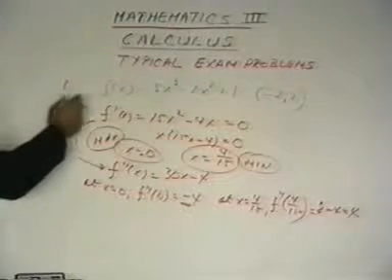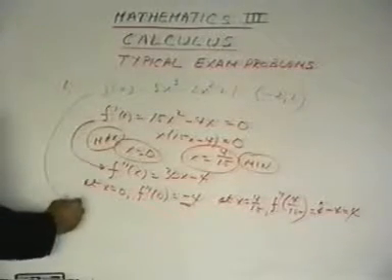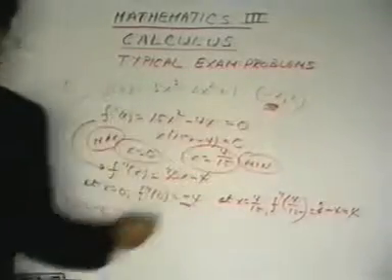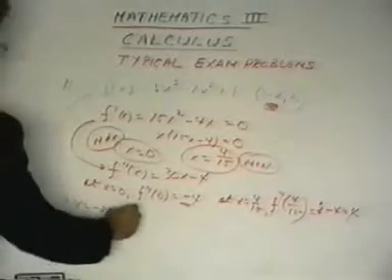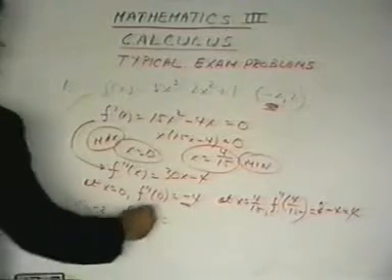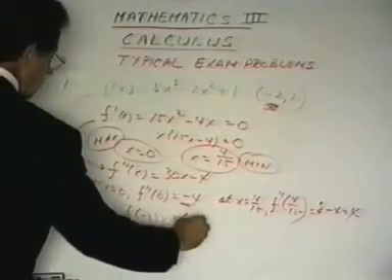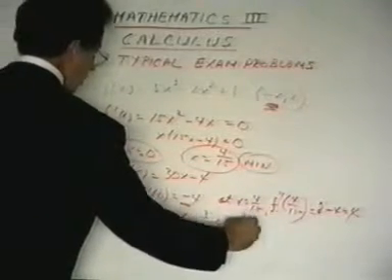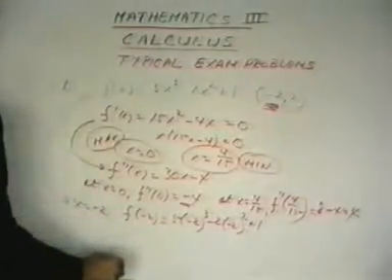So let's take the original function and go to the endpoint x is equal to minus 2. At x equals minus 2, I find that the function at minus 2 has the following value. It's 5 times minus 2 cubed minus 2 times minus 2 squared plus 1.